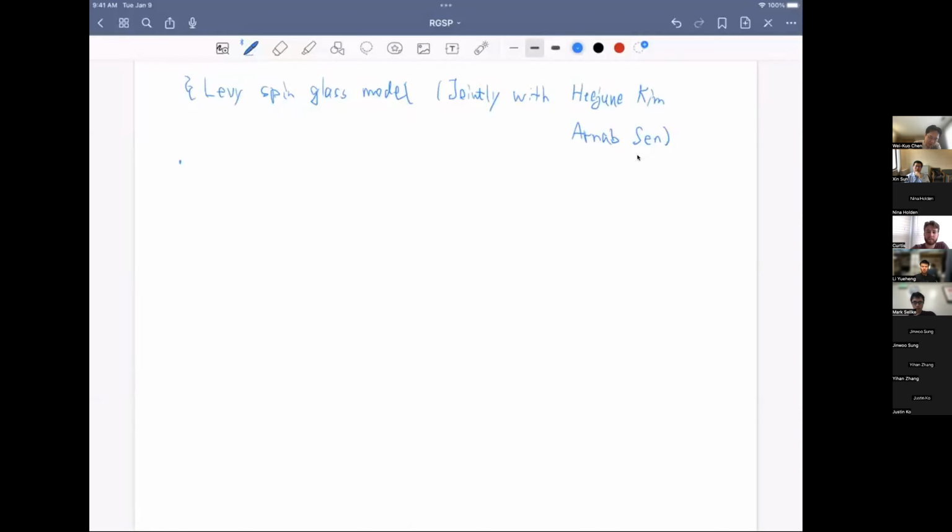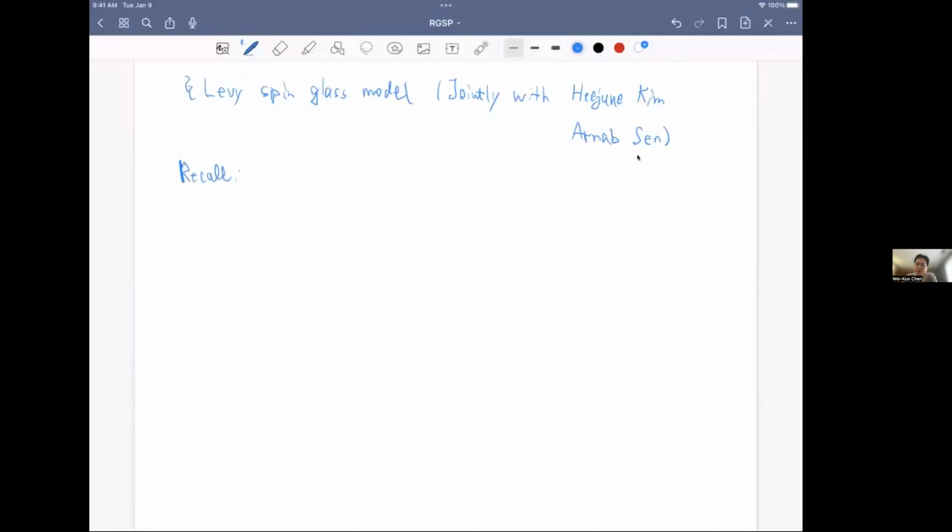But before that, let me just recap really quickly what spin glasses are, in a really rough way. Spin glasses are essentially certain alloys with unusual magnetic behavior.